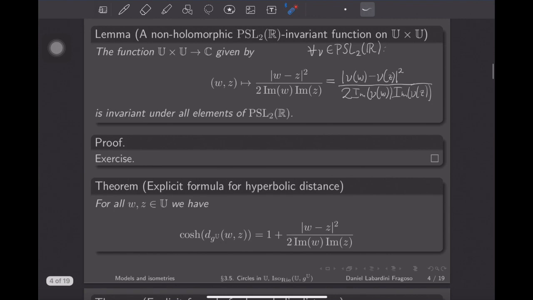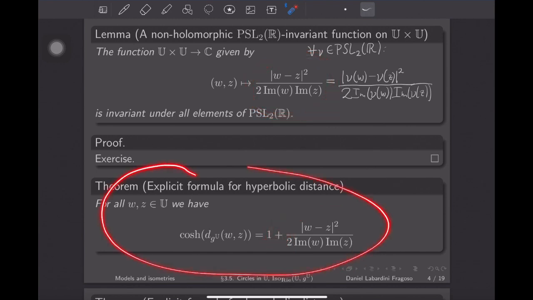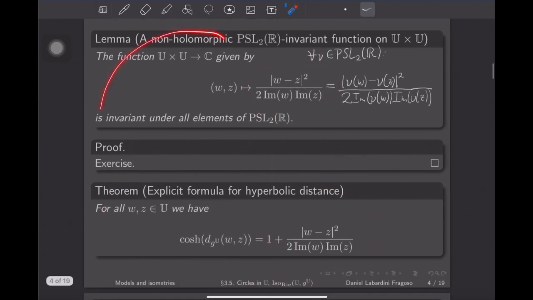Notice that what I'm saying is that the hyperbolic cosine of the distance between two points is 1 plus precisely this value. For this theorem, I'm going to assume that this lemma has already been proved, so that you already did that exercise.